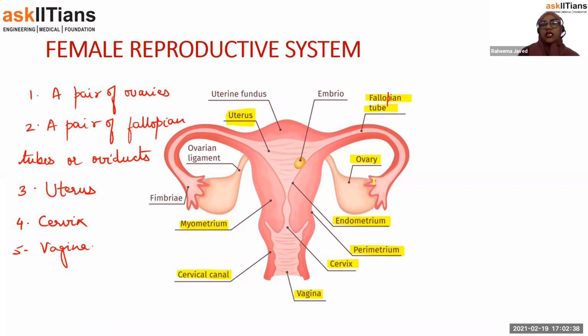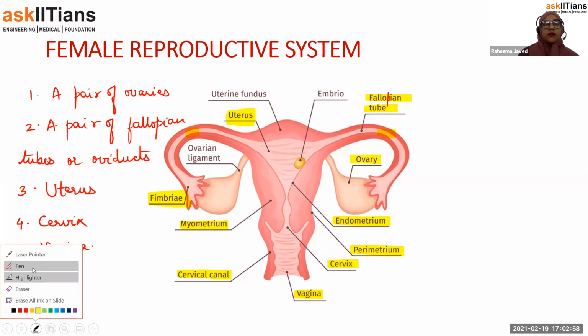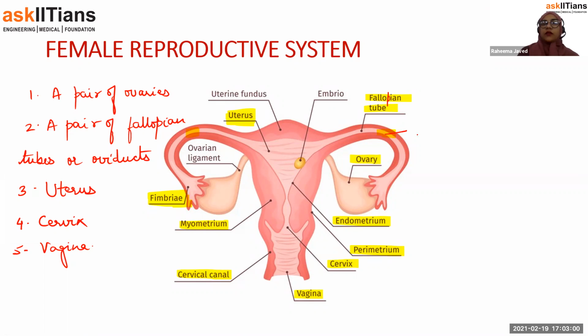These finger like projections of the fallopian tube which are attached to the ovary are known as fimbriae, and when the egg is released from the ovary, they catch it and send it to this region. This region is basically the ampullary region, the ampulla of the fallopian tube, where fertilization takes place.